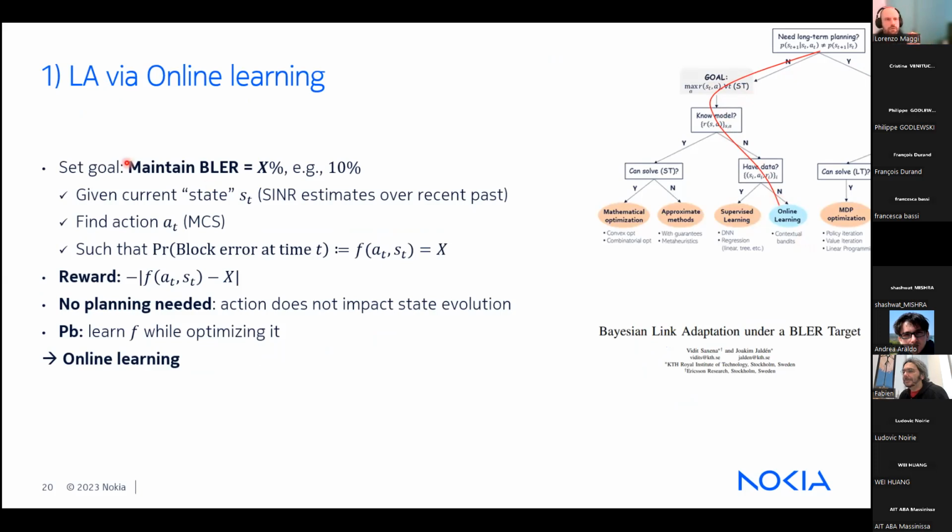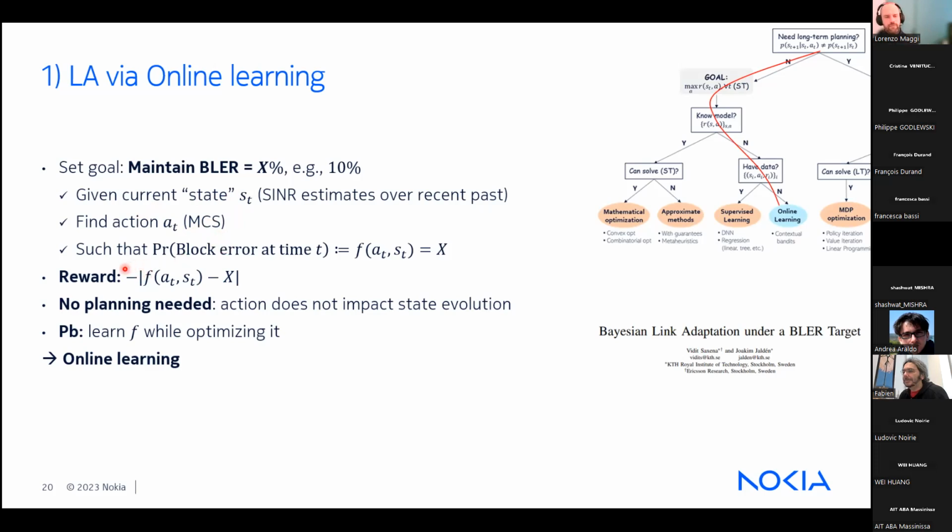The goal in link adaptation can be seen as maintaining BLER to 10%. Basically, it can be reformulated as: given a certain state, which in our case is SNR, so the channel quality, find an action, so the MCS, such that the probability of an error is 10%.